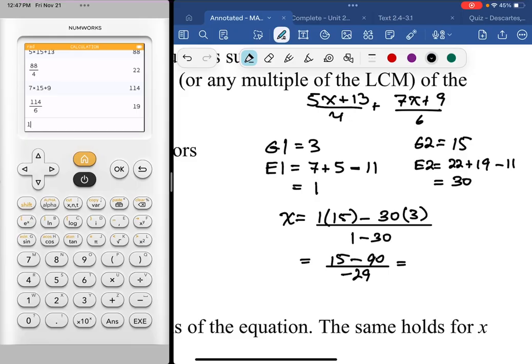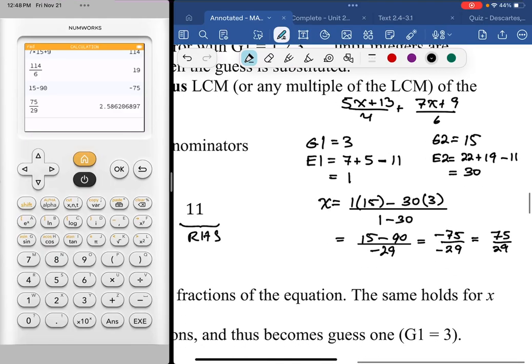That's lovely. 15 minus 90, negative 75 over negative 29. 29, I believe, is a prime number. I don't think we're going to be able to simplify this except to go into a mixed number. If you pop it in, it goes straight to decimal form, so I would probably just leave it as 75 over 29.